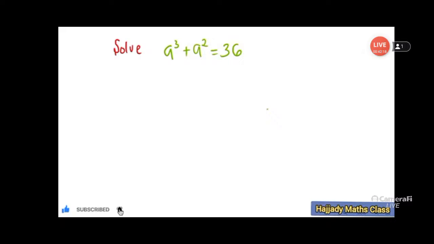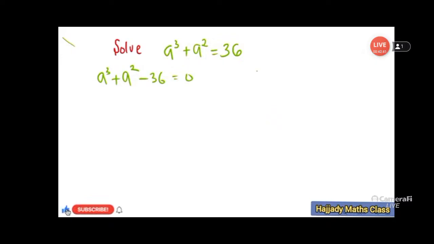So in solving this, we have a raised to power 3 plus a raised to power 2 minus 36 equals 0. So we are going to look for the roots of the equation in a. When we substitute a equals 0, 1 and 2, we can see that we're not going to get 0 here.